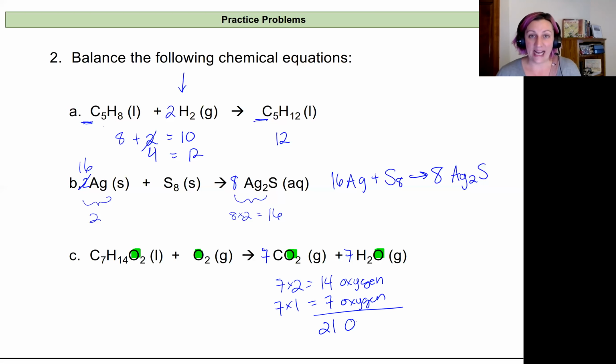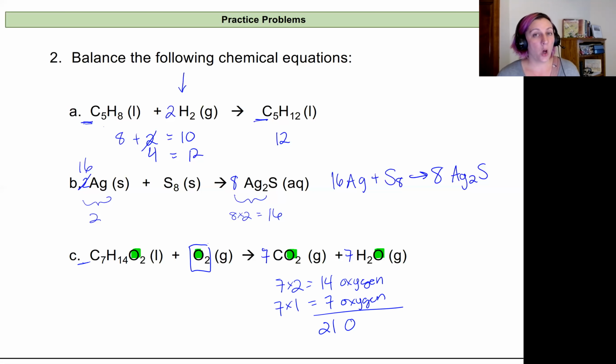Now, looking at my reactants, I have oxygen incorporated into the carbon and hydrogen molecule. And if I change this coefficient in front of the carbon, hydrogen and oxygen molecule, I will have to go rebalance the carbon dioxide and the water, which I don't want to do. So I'm going to leave that one alone, and I'm going to balance using the oxygen that's totally by itself.